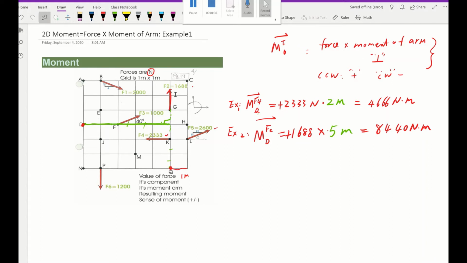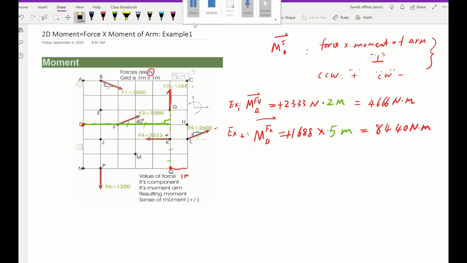Now let's look at F2. F2 is a vertical force, and you notice the moment arm happens to be horizontal. So that's a little trick, a little pattern: if the force is in the vertical direction, the moment arm will be horizontal, and vice versa.